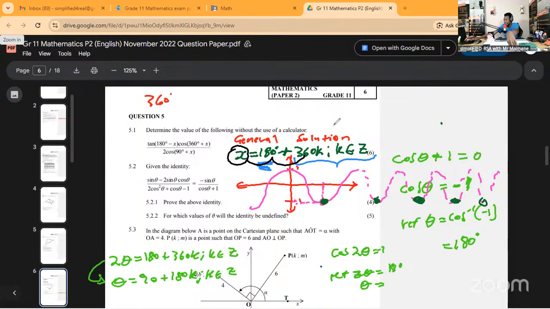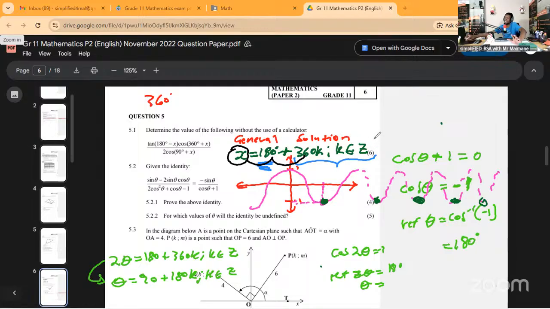Hence I say I need to make a separate lesson explaining only general solutions, because for some of you, you are just seeing it for the first time. Last time they never even specified it as the reference angle. All you needed to do was just to calculate the angle. Now things are changing, and we'll take it there.